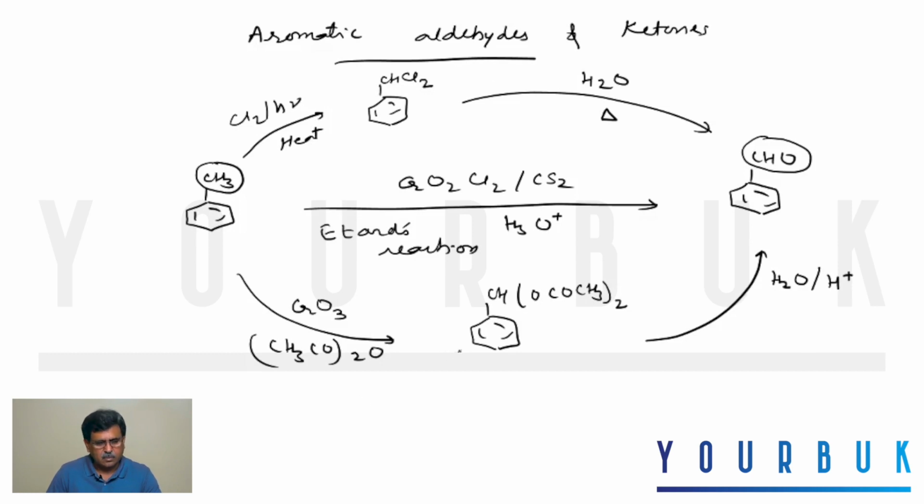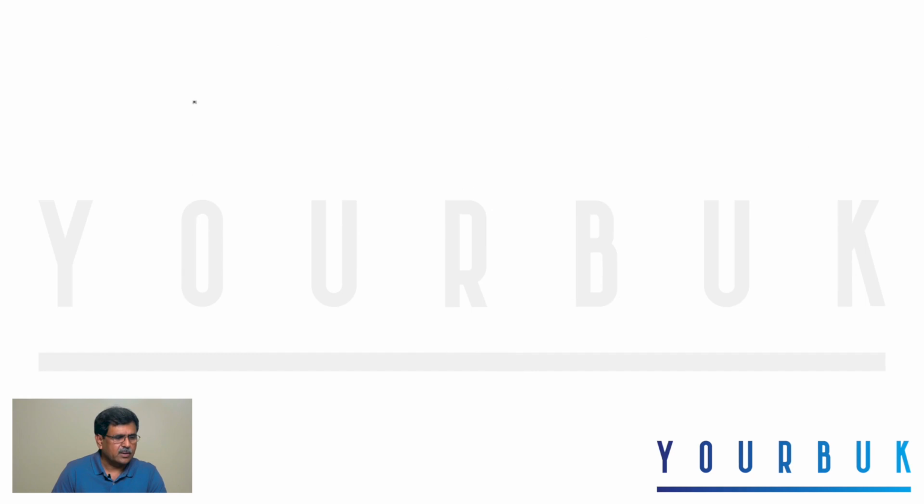And the formation of this ester as an intermediate is to prevent the oxidation of methyl benzene directly to benzoic acid. So if there is no acetic anhydride, no ester formed as an intermediate, then CrO3 will oxidize the toluene directly to benzoic acid. And the aromatic ketone can be obtained by using the Friedel-Crafts acylation.